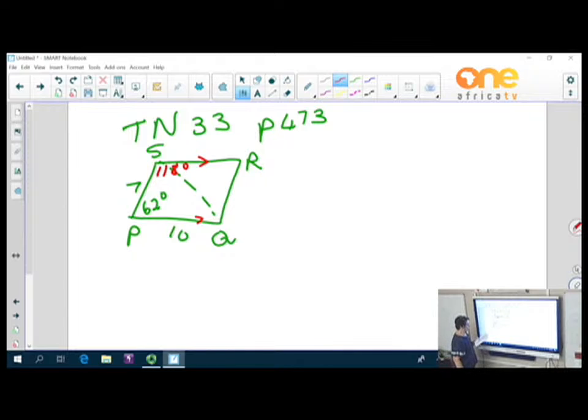Now they say find the length of the diagonal QS. That's what we have to calculate in the first place, QS. Can you see that this is the third side in the triangle?